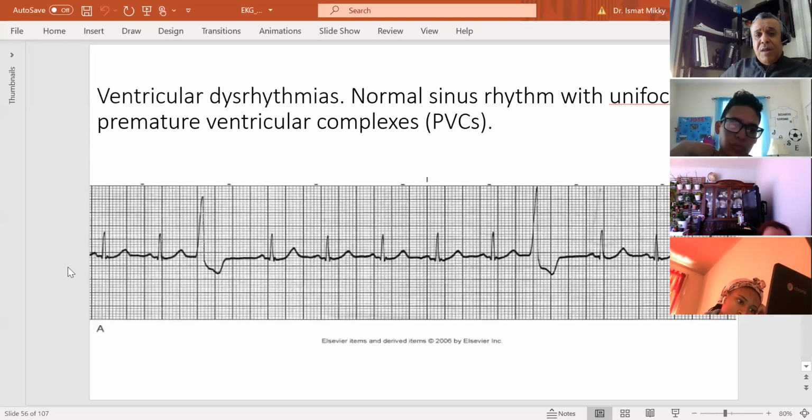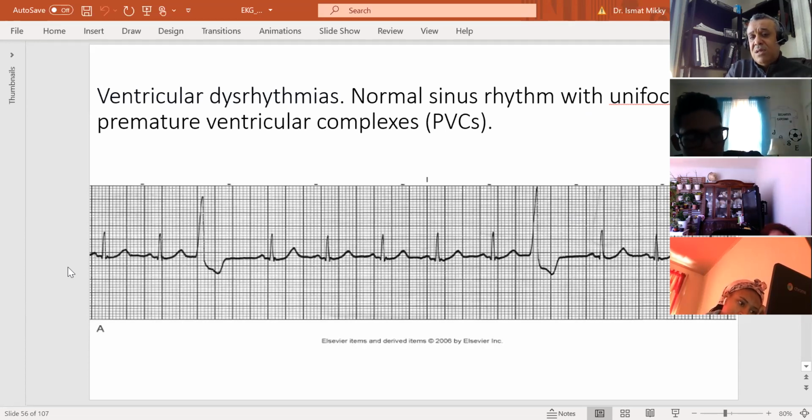This is premature ventricular, not premature atrial. In the ventricles, one or more ectopic foci is going to be irritated and fire the impulse and do the pacing. In other words, pace the ventricles.